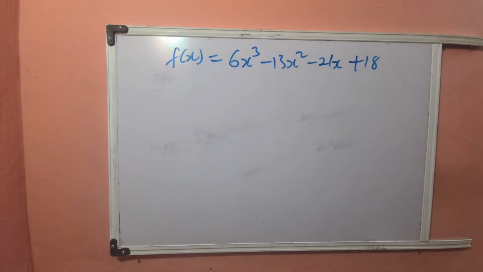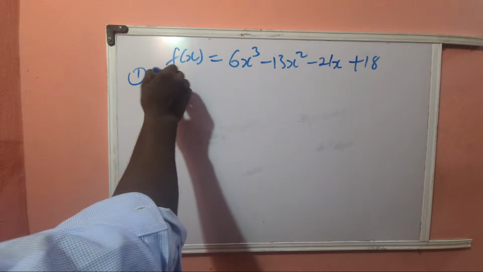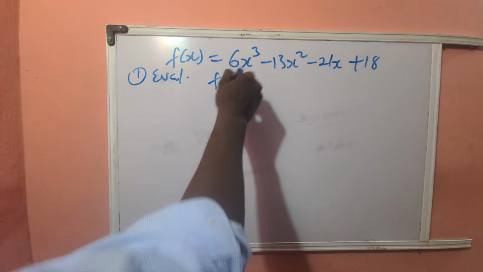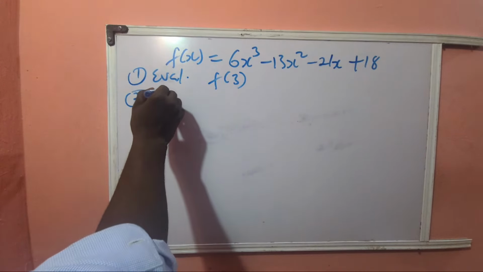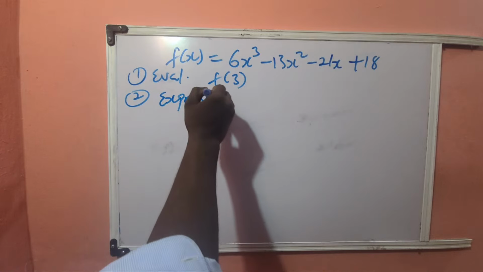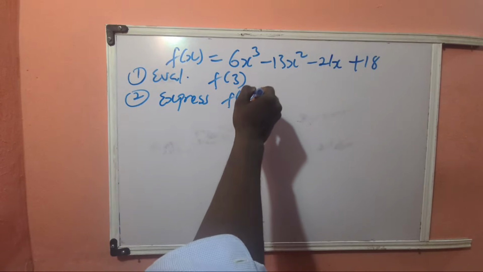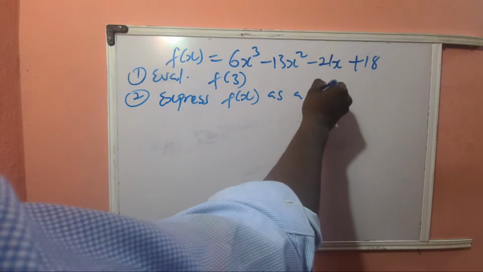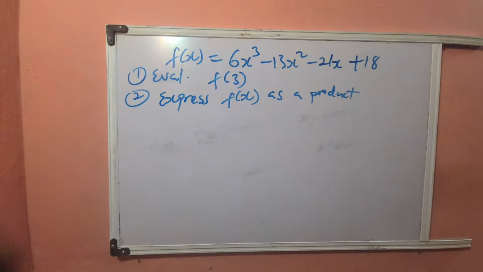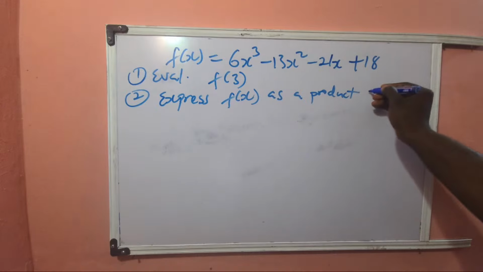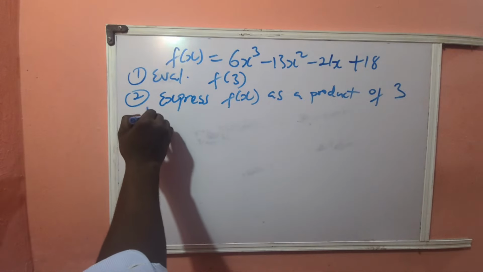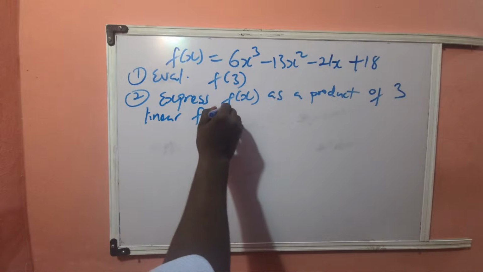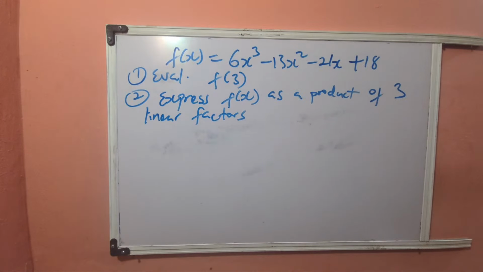The very first question says you should evaluate f of 3. And question number 2 says, using detailed reasoning, you have to express f of x as a product of 3 linear factors. This is really key. If you know what to do, then you can go on solving.